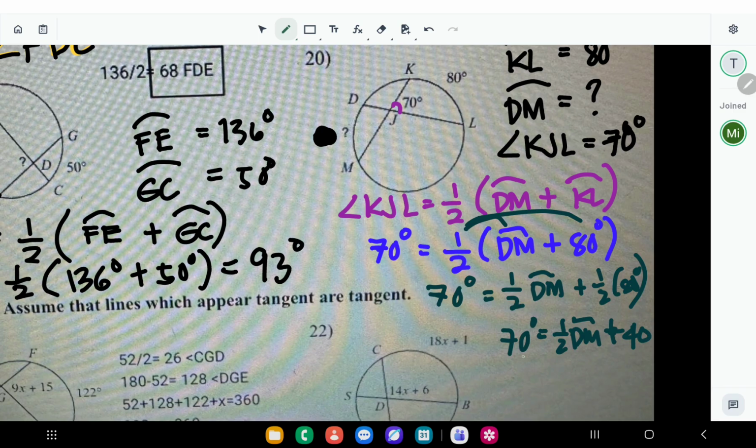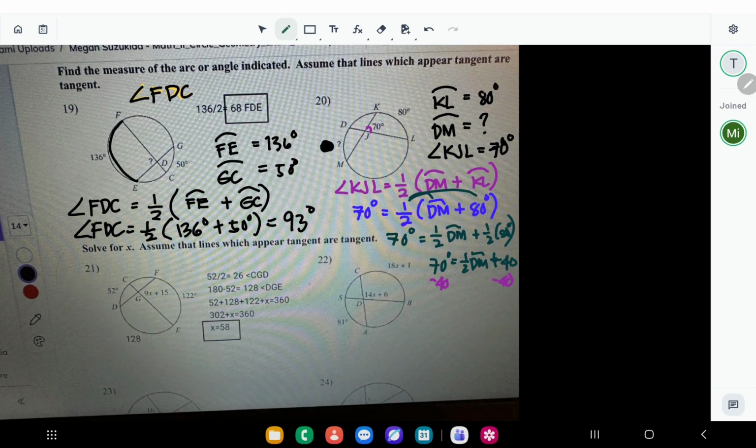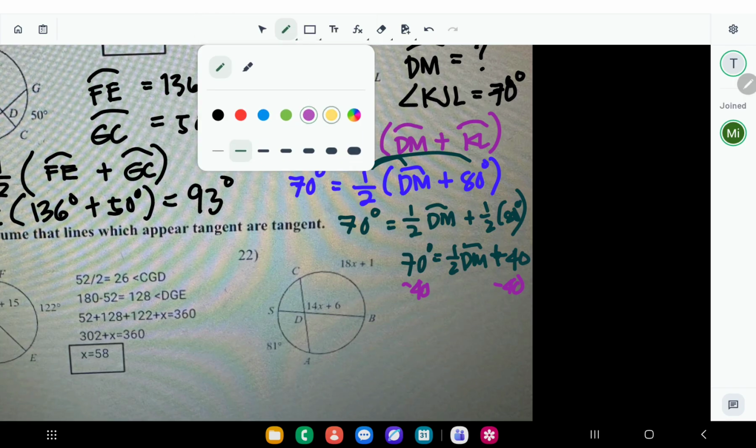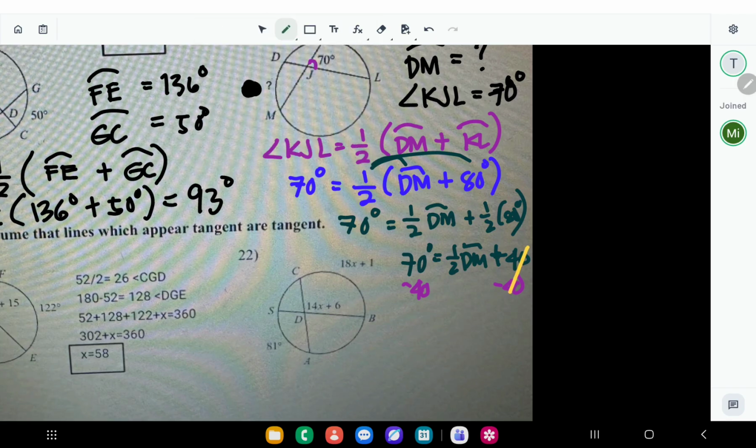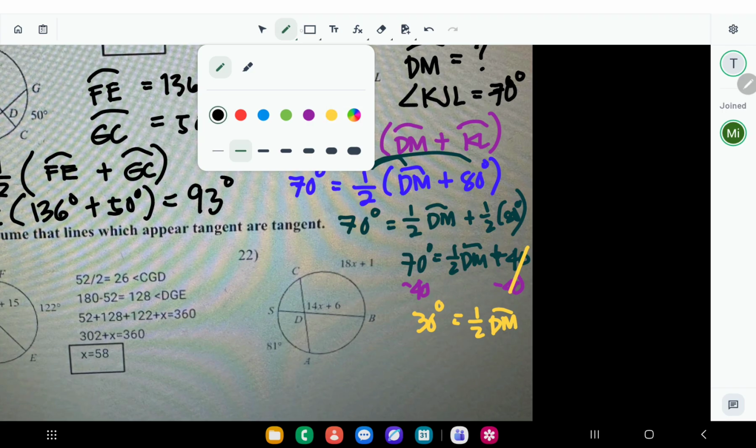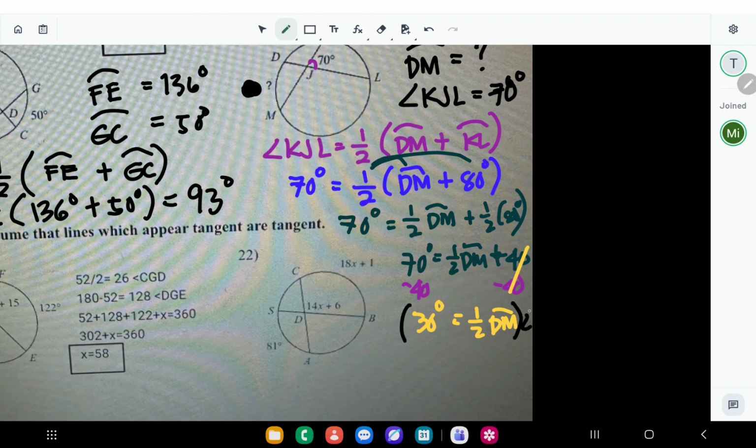Then we subtract 40 from both sides, so this cancels out. We have 70 minus 40 is 30 degrees equals 1/2 DM. And then we multiply both sides by 2. So we have 30 degrees times 2 equals arc DM. Therefore, arc DM is equal to 60 degrees.